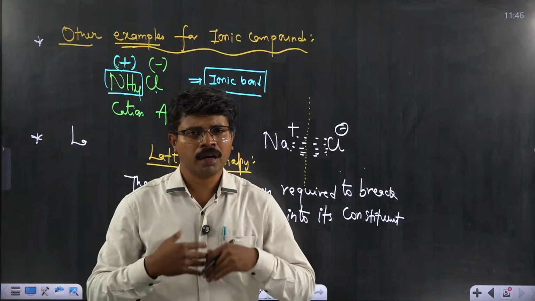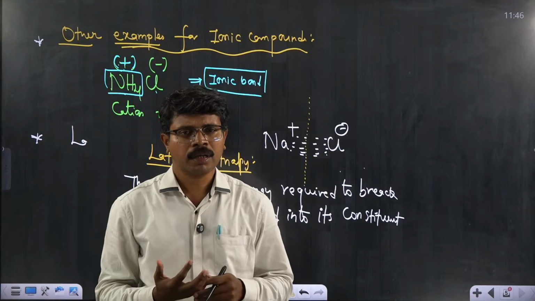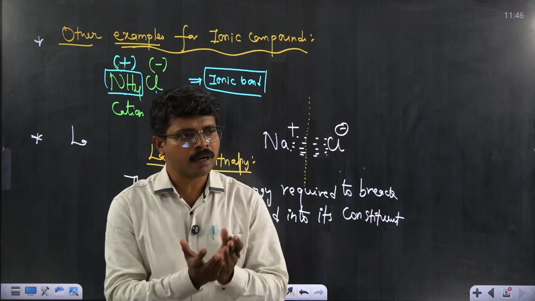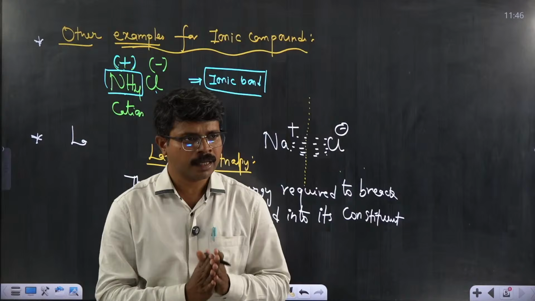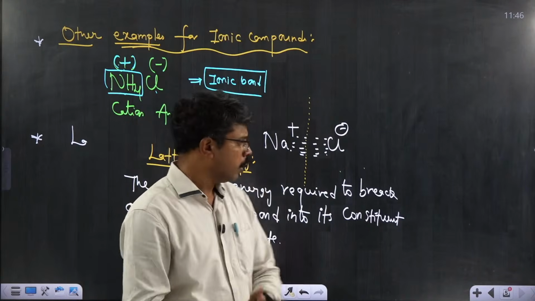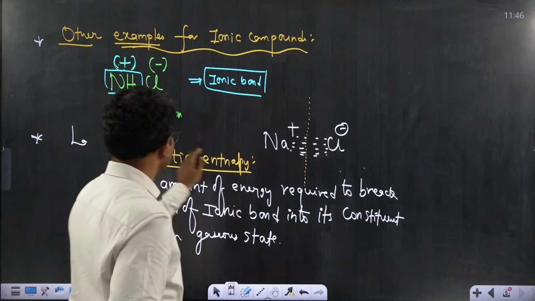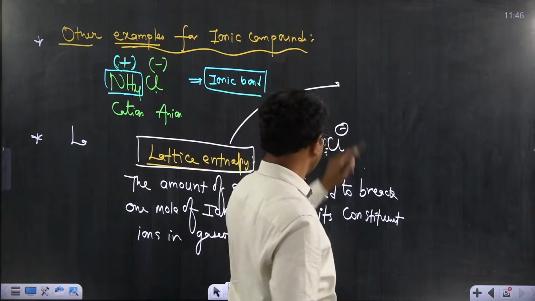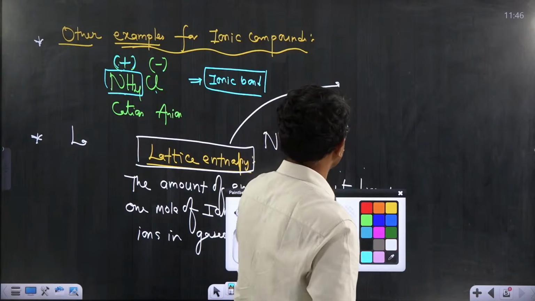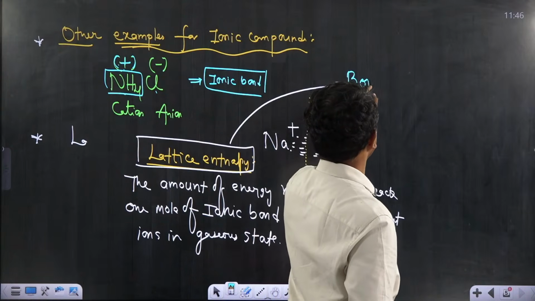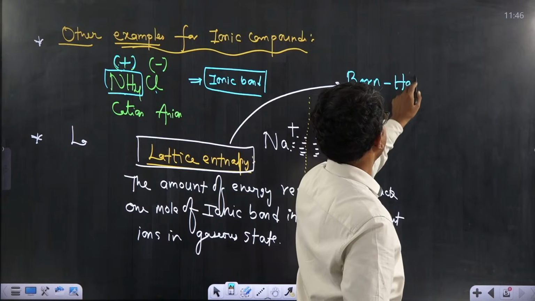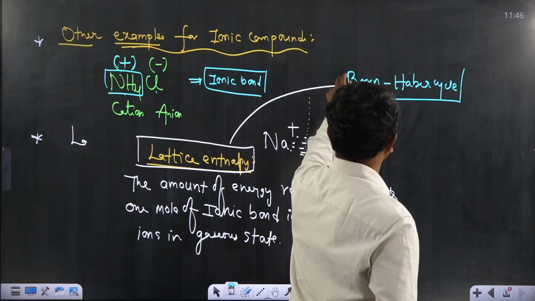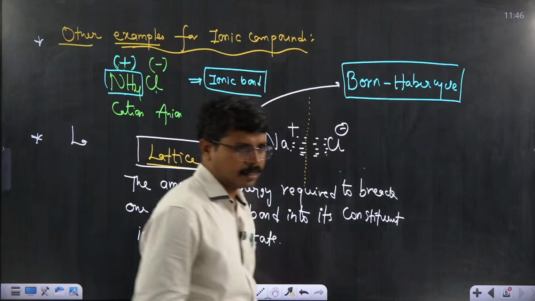Therefore, when you are breaking the bond, the process is considered endothermic, and when you are making the bond, the process is considered exothermic. Here, lattice enthalpy you cannot calculate directly. The lattice enthalpy can be calculated by using the Born-Haber cycle. This will be discussed in regular classes.